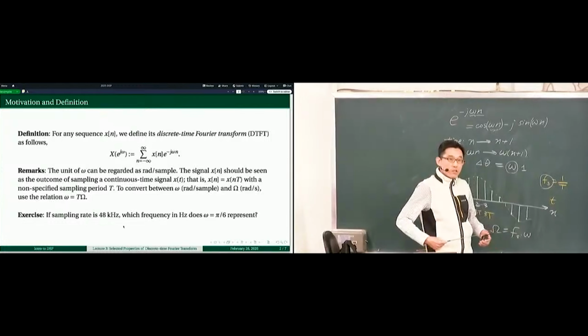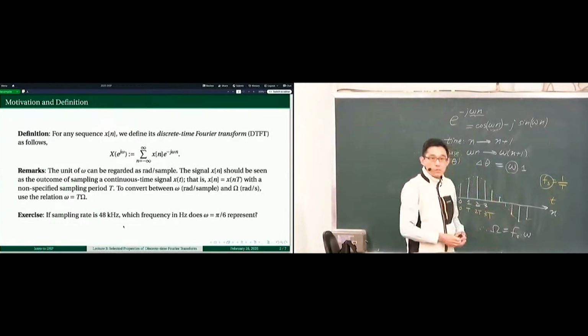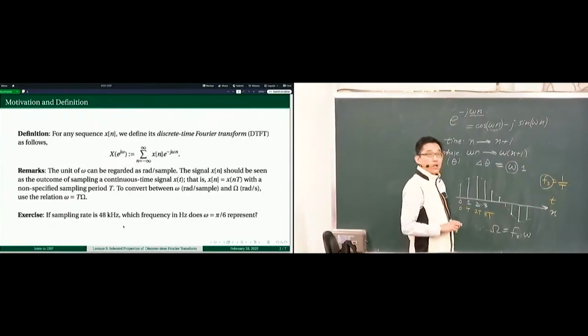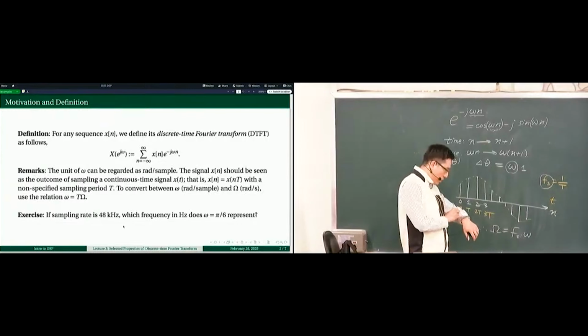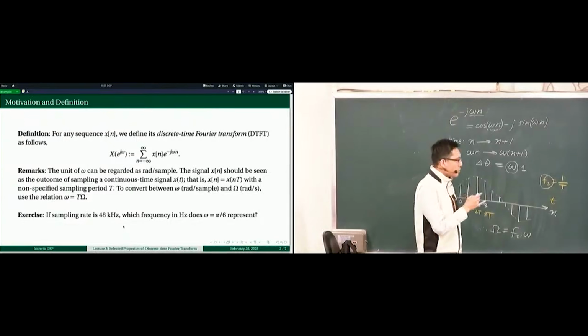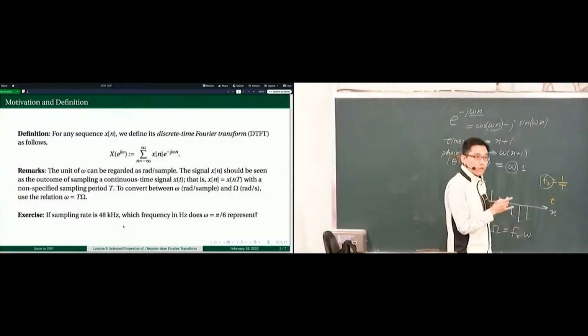Yeah, maybe I can stop for 1 minute. So just think about it, contemplate, and then I will work it out. Okay, what does pi divided by 6 correspond to when the sampling rate is 48 kilohertz? Do a simple calculation. Okay, now we have 60 seconds from now. This is important. Just to cover the basics first. I really want you to be able to make the conversion. Switching between small and big omega is quite important at the beginning.